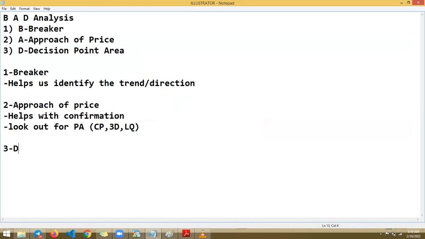Then finally, the final concept that we look out for is the decision point area. Under your decision point area is where you look out for your decision points. It's where you look out for your infield orders.